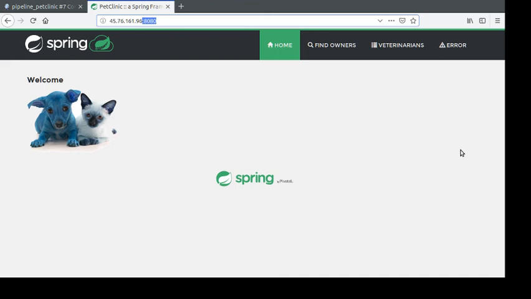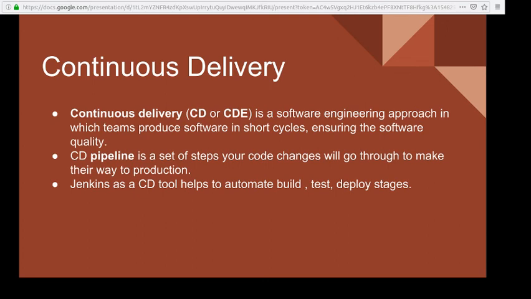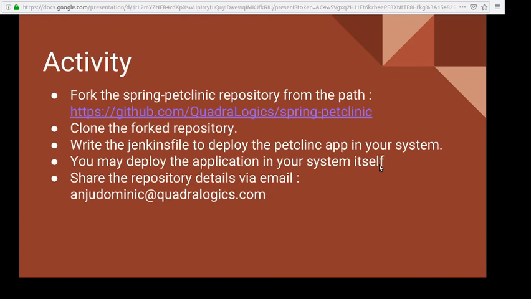Let's move to the activity that needs to be completed for aligning the certificates. So this is the activity that you need to do. I have already kept a repository in my Quadralogics path. I have already given the path here.